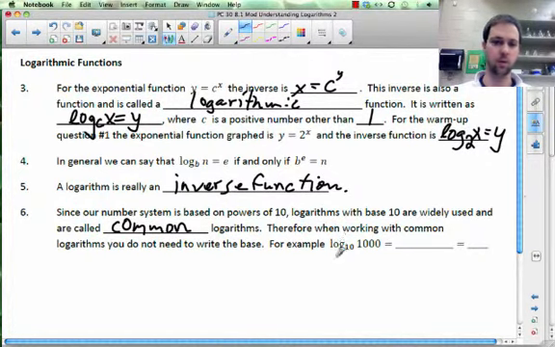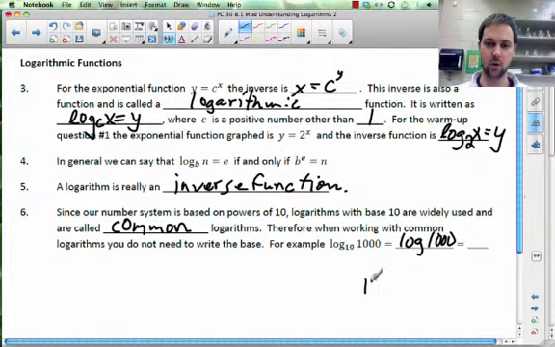And when we work with common logarithms, we can just leave out the base 10. So if you just see log 1000, it means the exact same thing as log base 10 of 1000. Now this means what power of 10 will give you 1000, and the answer would be 3.